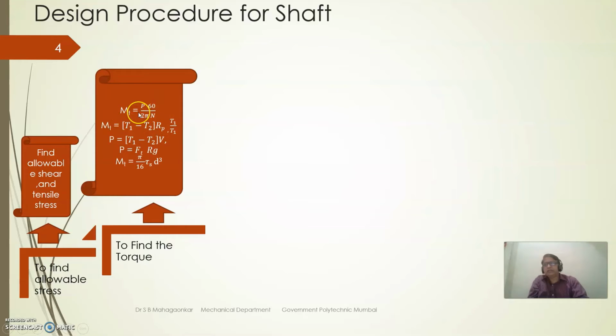Are you getting it? So this is how we are going to get MT, that is the torque based on power. When the power is given, or when the tight side tension T1 is given, and then T1 by T2 is also given, in that case I can find out torque from that also.